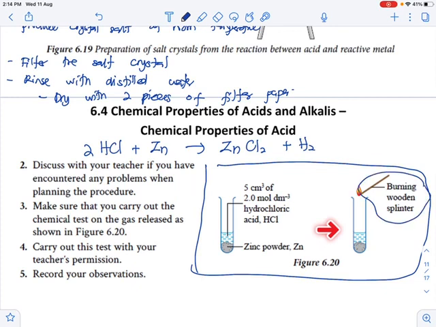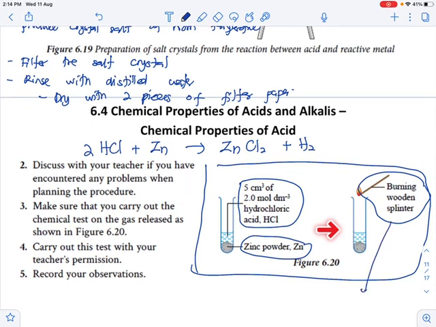Alright, so we repeat the experiment by using 5 cm³ of 2.0 mol dm⁻³ hydrochloric acid, poured into a test tube, and add zinc powder. Then put a burning wooden splinter at the mouth of the test tube.